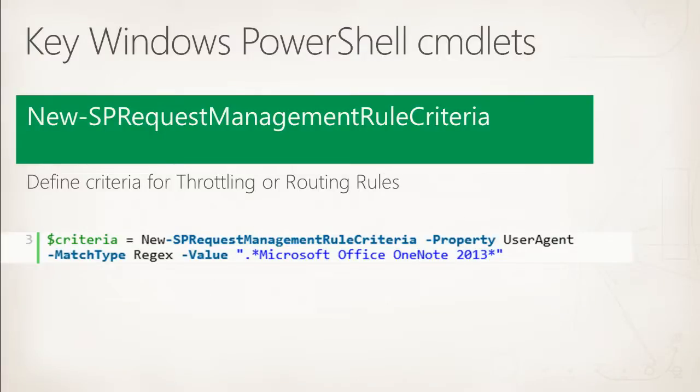We just have the property, user agent, then the match type, and then the value of the match type. If I really wanted to do this in the real world, I would do equals. And I might have more than one rule for the various different versions of OneNote that are in play. That would be much more efficient than doing a regex like this.